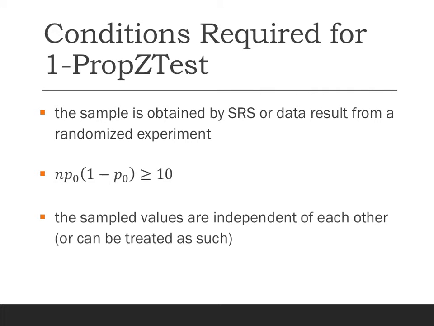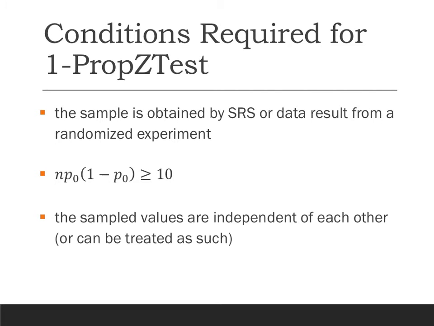If you come up with another one where you work through the problem and it says these conditions are not met, and then it asks you to find the probability, then we can't use the one prop z test to find that probability. So we've got to make sure that our sample is obtained by a simple random sample, SRS, that's what that's short for, or our data results from a randomized experiment.